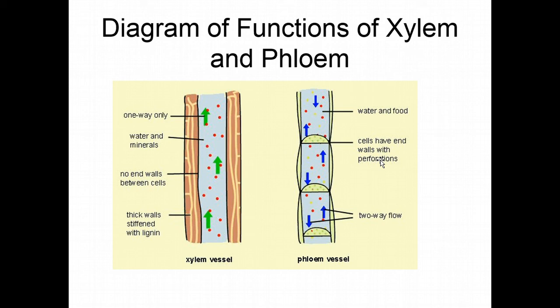Now, on the other side, the phloem, it's much more complex. There's, of course, water in there, but there's also food, sucrose, other things. And in this case, the materials must be transported across the cell membrane. That's a big deal. There can be some plasmodesmata, but a lot of things have to be grabbed by a protein and taken across the membrane to get to the next cell.